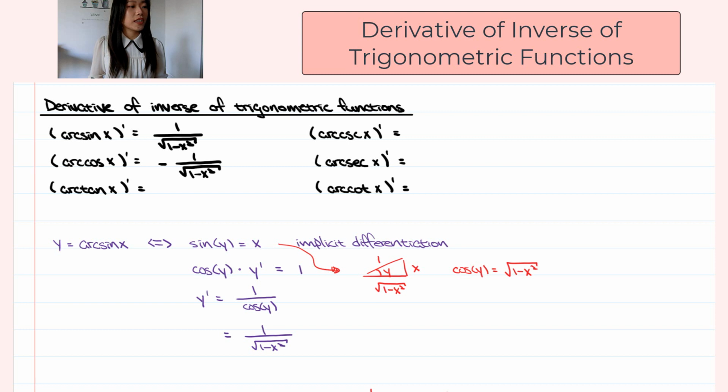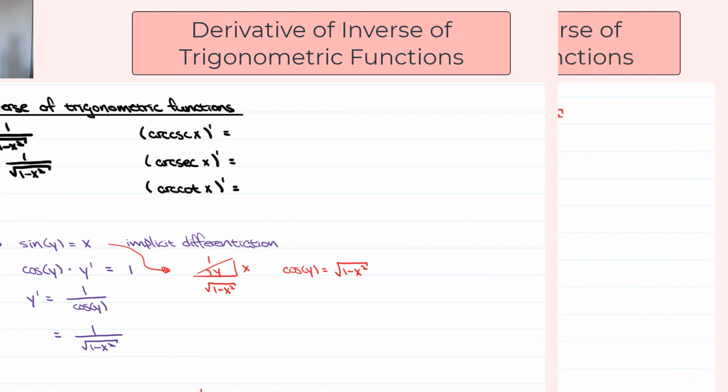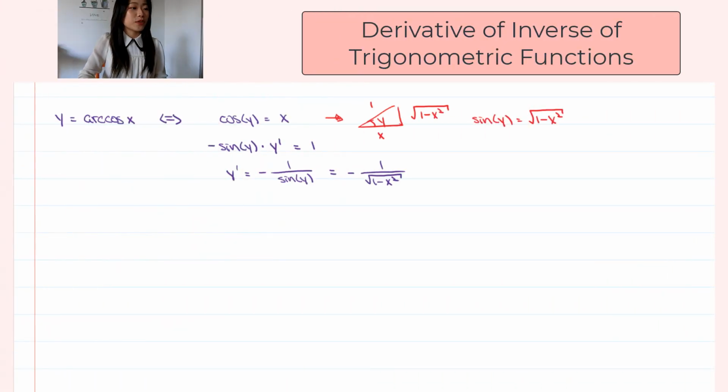In the next function, arctangent of x, we use the same approach again. So let's define y as the function arctangent of x. And let's rewrite the equation as tangent of y equals x. So to find y prime, I use implicit differentiation. The derivative of a tangent function is secant squared.